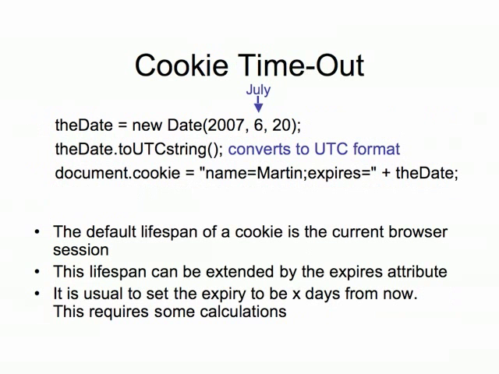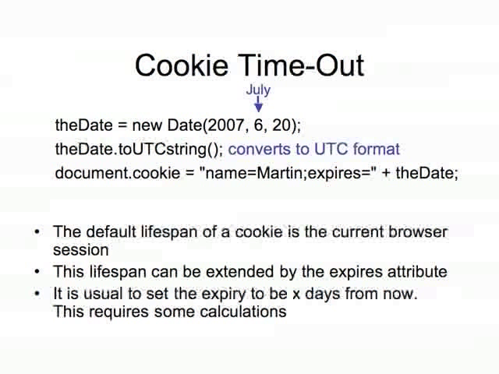Let's look at this code here to set the expiry date of a particular cookie. This cookie here will expire in 2007 on the 6th month. Now in JavaScript, the month is specified with January as being month 0, not month 1. So that often causes some confusion. So month 6 is in fact July, not June.